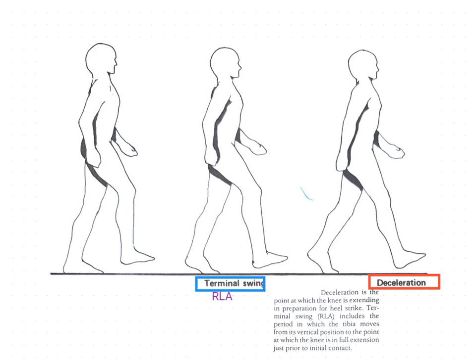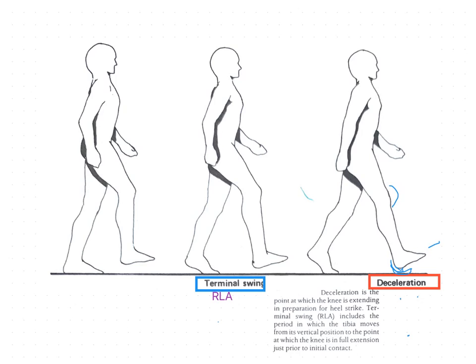Deceleration occurs after mid swing, when the tibia passes beyond the perpendicular and the knee is extending and preparing for the heel strike. That position is called deceleration according to the traditional term. According to the RLA, this is called terminal swing.